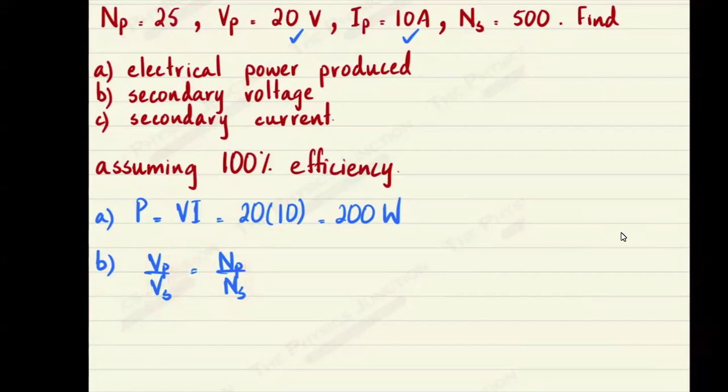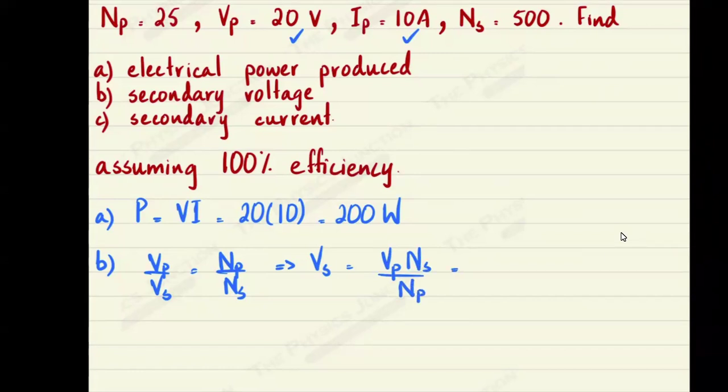If I need to find Vs here, this is how I like to do it: first do the algebra and make the variable the subject of the equation. For Vs, I would need to cross multiply, so Vs becomes Vp times Ns over Np.